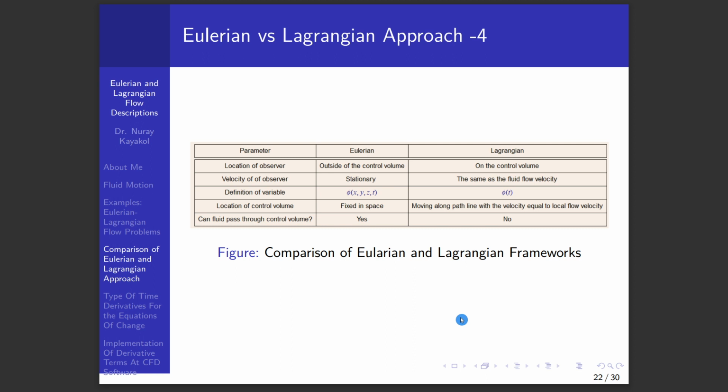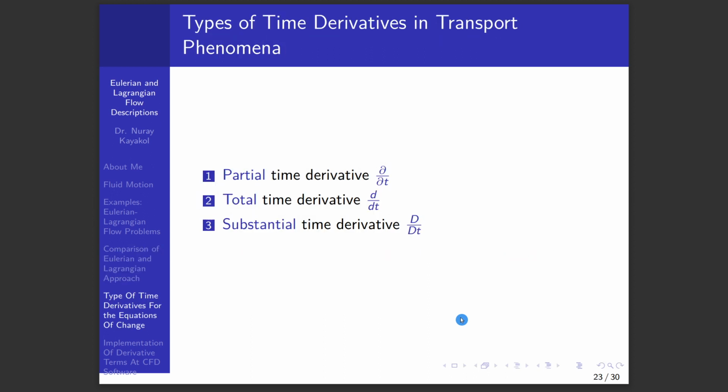So after learning these things, let's start with equations, how we will derive equations. In order to do this, we need to learn three types of time derivatives: partial derivative, total derivative, and substantial time derivative.